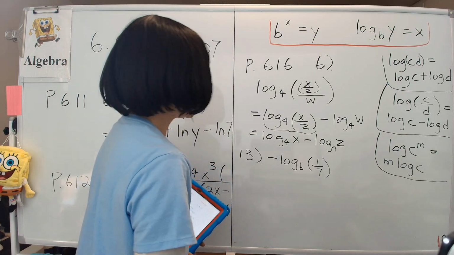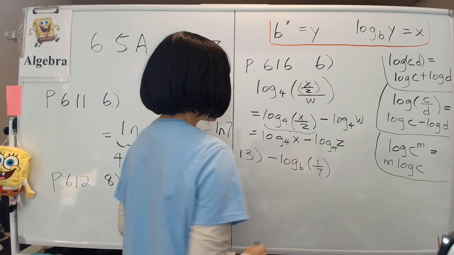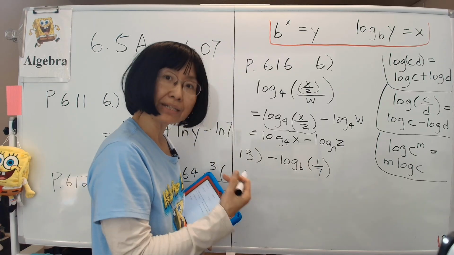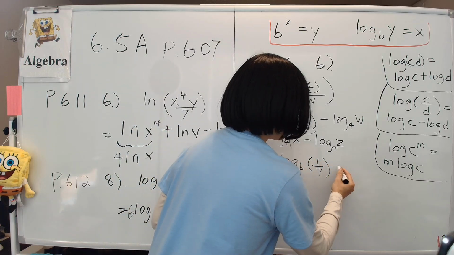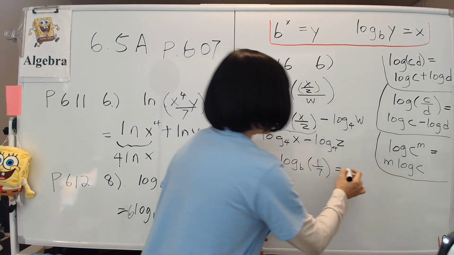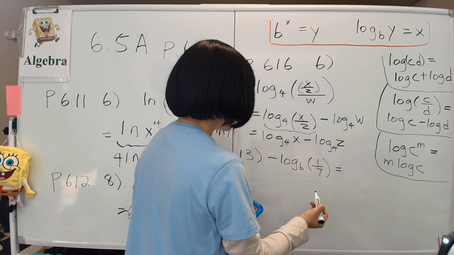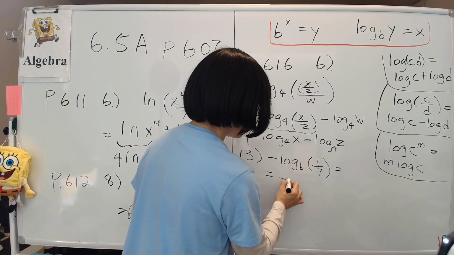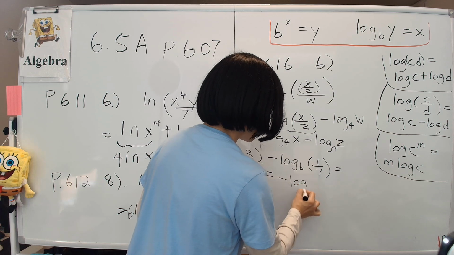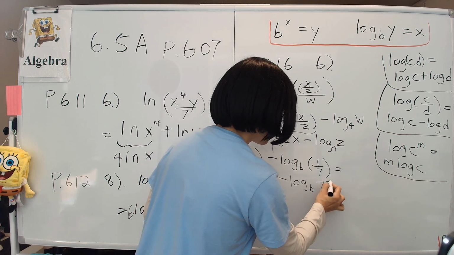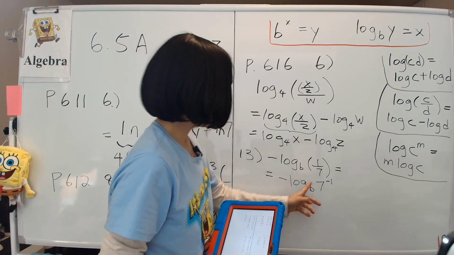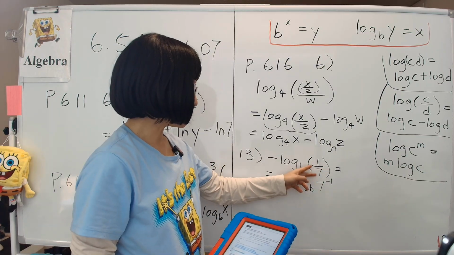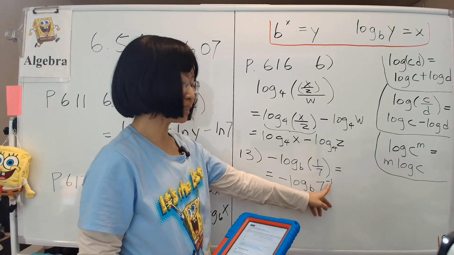Next, let's look at problem 13. So problem 13, we have minus log base b of 1 over 7. Now, anything that's in the denominator is the same as to the power negative 1. That's a rule from chapter 1, okay? So we'll write this as negative log base b of 7 to the power minus 1. Because 7 is normally to the power 1, and if it's in the denominator and you raise it on top, you have to change it to a negative sign.